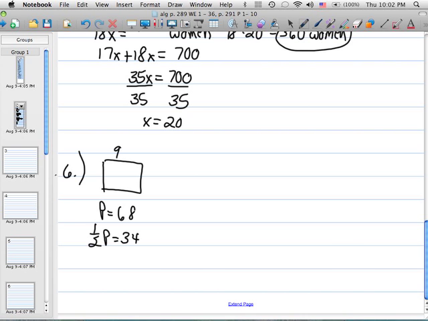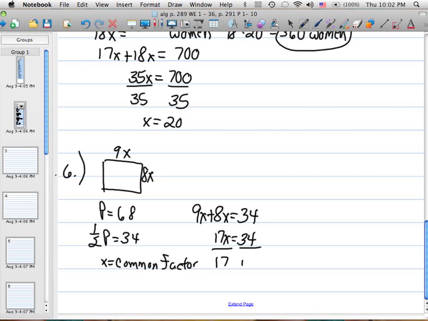So the common factor x has been canceled out. So 9x equals the length and 8x equals the width. So 9x plus 8x has to equal 34. 17x equals 34. Collecting like terms, divide by 17.